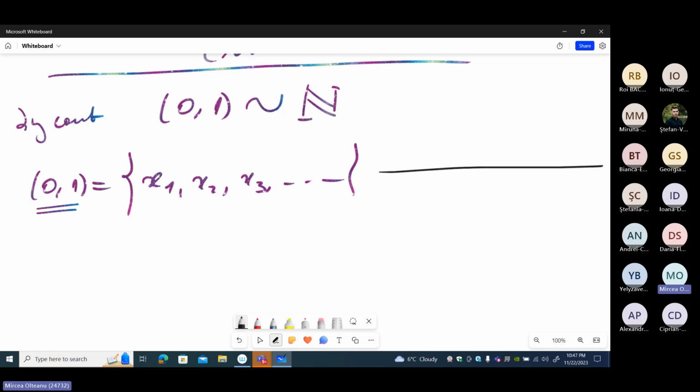We took the interval 0, 1, and we split it into 3 equal parts. Here it's 1/3, here it's 2/3. Okay, and the assertion I make is the following. At least one of these 3 intervals, we shall take them as closed intervals.